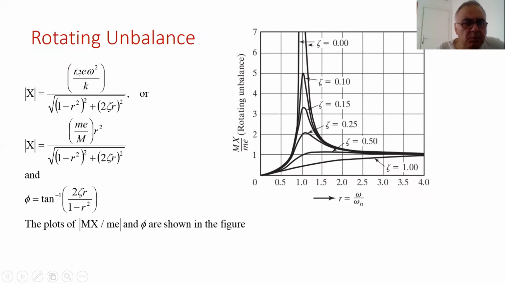So this M over K, as you remember, is 1 over omega n squared. I'm sorry, this should be the capital M over K.